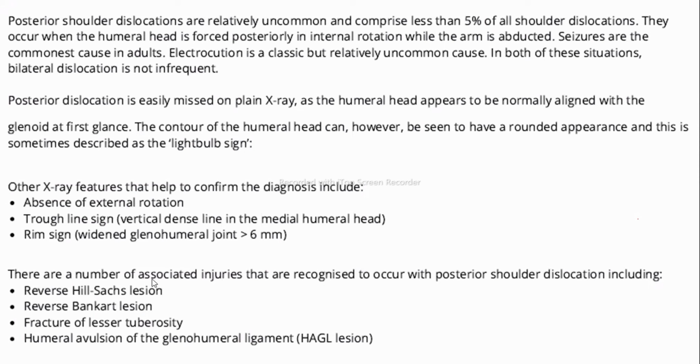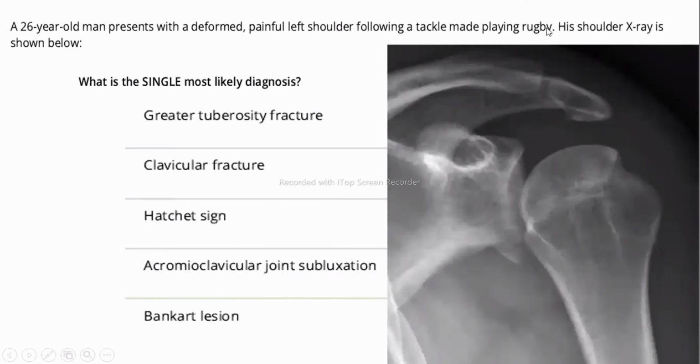Now, the associated injuries. In anterior dislocation it will be Hill-Sachs lesion and Bankart lesion, but in posterior, it is reversed: reverse Hill-Sachs lesion and reverse Bankart lesion. Look at this curve, it should be continuous, right? Is this curve continuous or not?